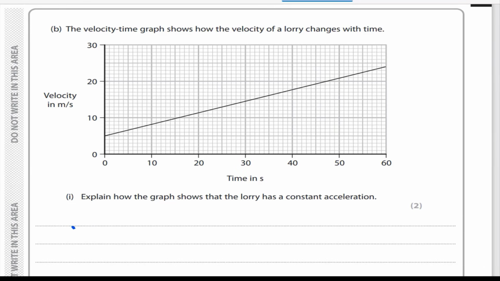We know acceleration is the gradient of the velocity time graph.